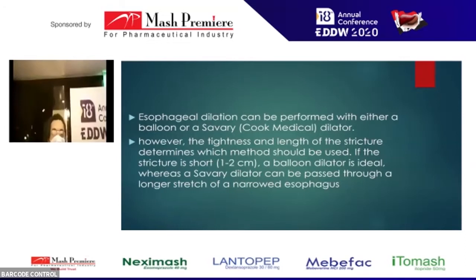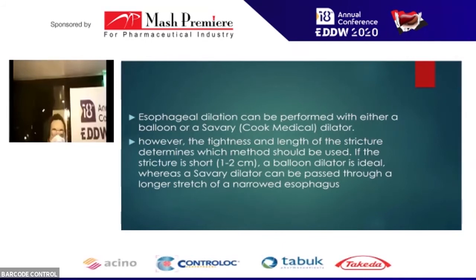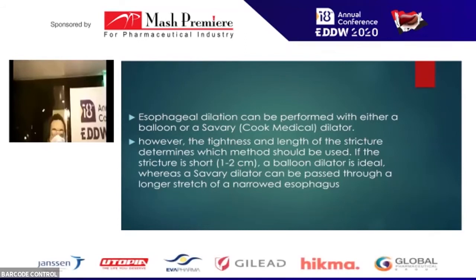Whatever method I have access to and expertise in, I must use. In some places there is no Savary dilator, so I will use a balloon. But if I have all the accessories, I choose the balloon for short, tight strictures, and I will use Savary for long, complicated ones.